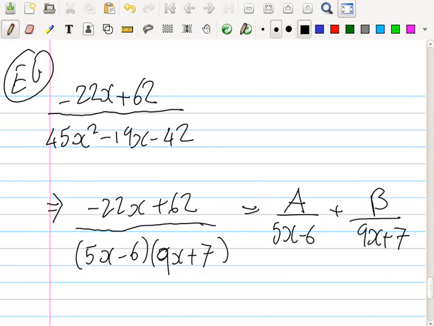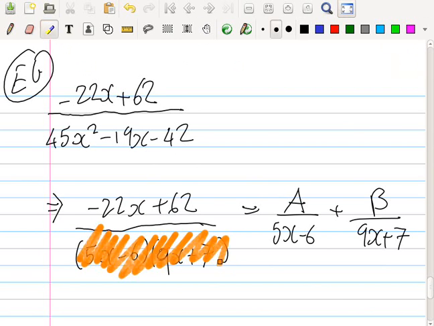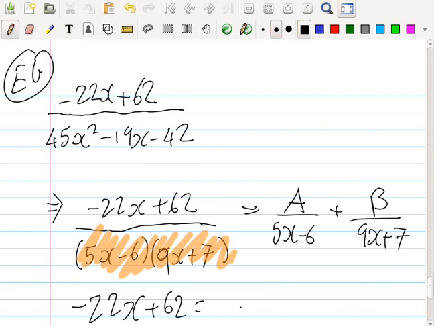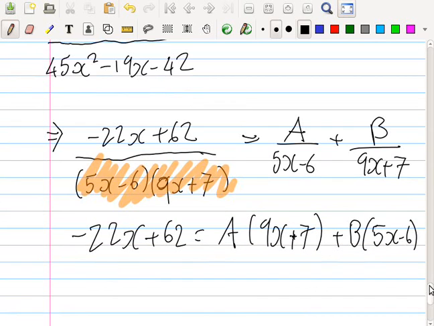So what can I do to simplify? I multiply everything by these. So when I multiply everything by that, I'll be left with minus 22x plus 62 equals a times 9x plus 7 plus b times 5x minus 6.